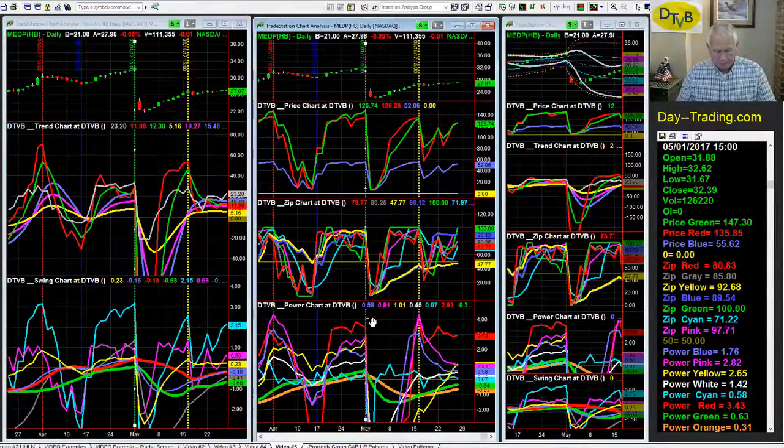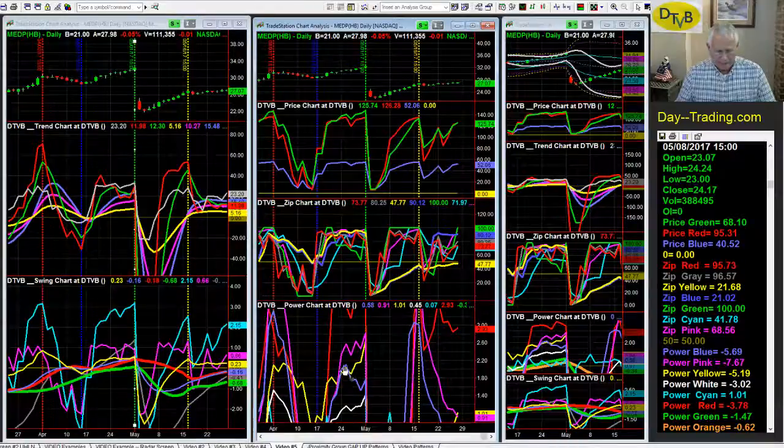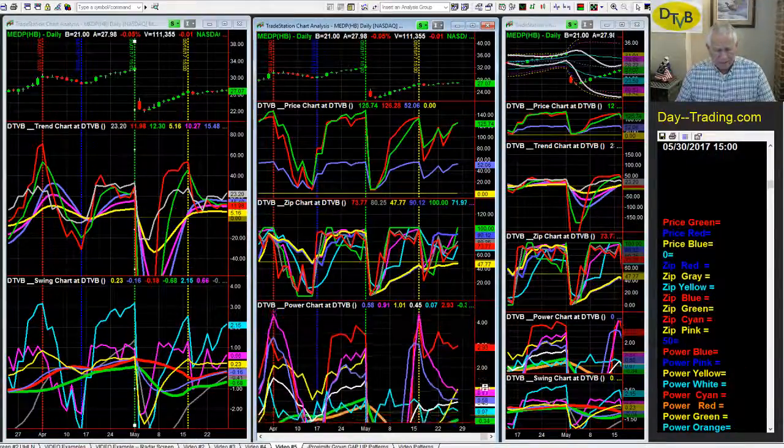The other one is your power pink and your power blue. If you look at what power pink is doing the last few days, it's going up, and power blue is going down. So there, with blue going down and pink going up, you've got a real divergent situation. Also, I'll point out that your power 4 lines, your power yellow and white are in a bottlenose up, whereas your pink and blue are in a BOC higher pattern, which is not really divergent.